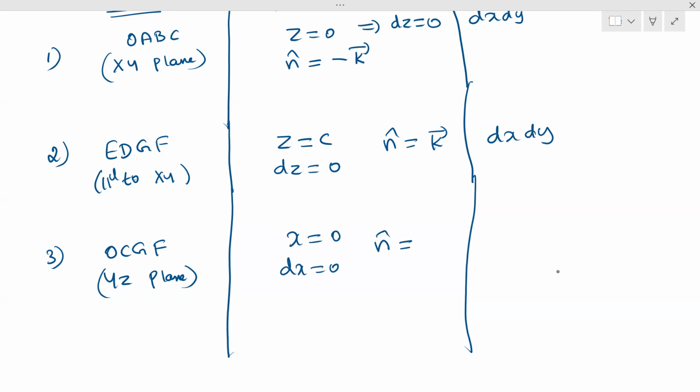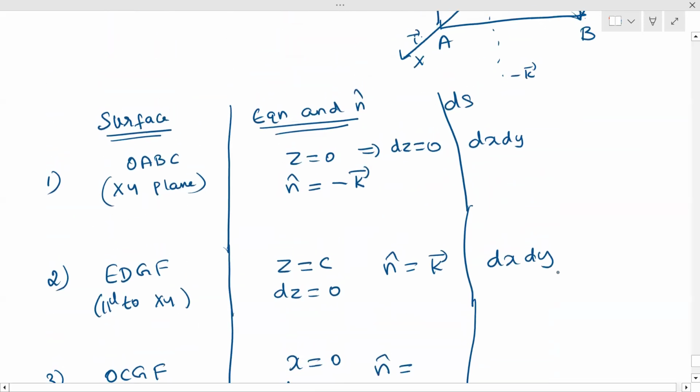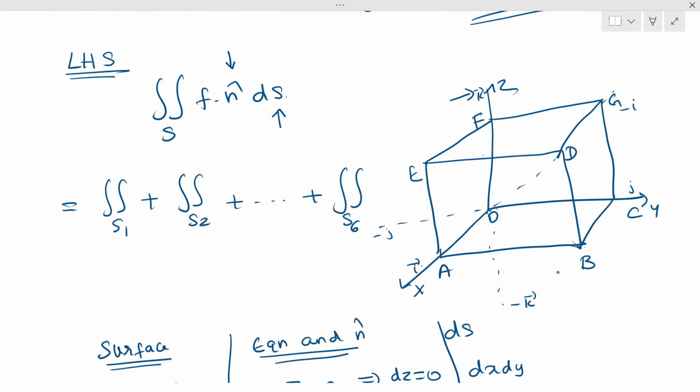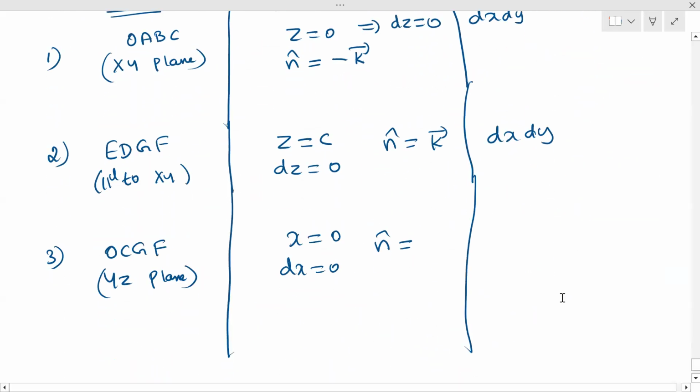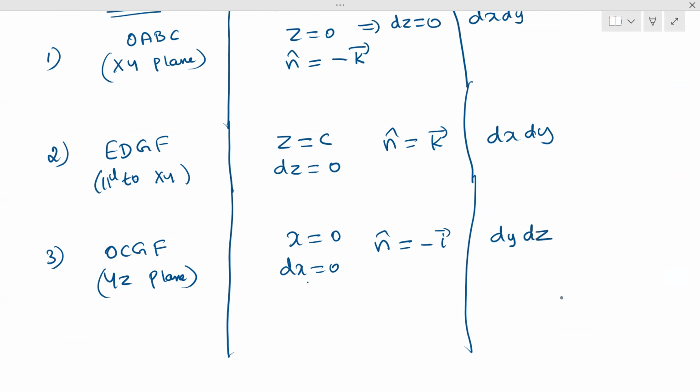Here, what is the unit outward normal vector for x? For O, C, G, F, the unit outward normal vector is minus i. So n cap is minus i. And dx is 0 means ds is dy dz.